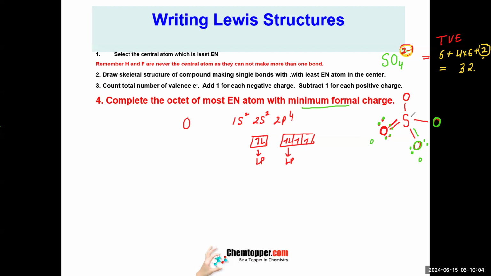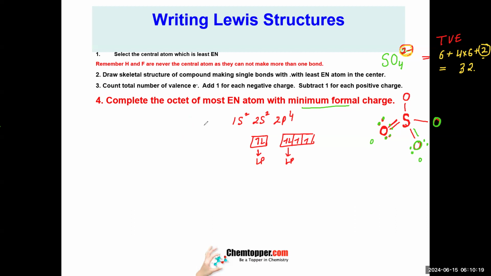Now just pay attention to sulfur also. Check, sulfur can make a maximum of how many bonds? Anaya. Sulfur has the same electron configuration pattern, but then it is 3s.